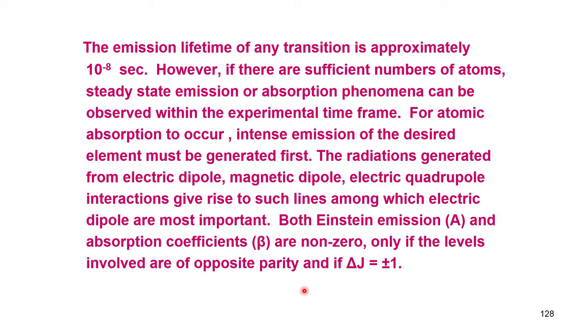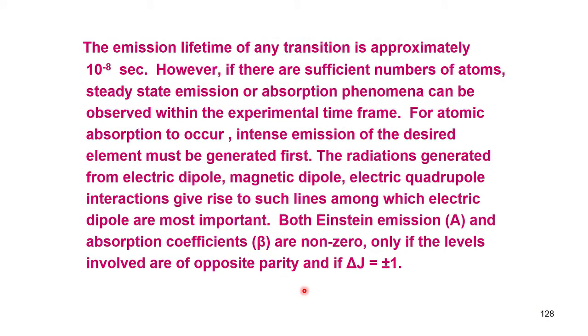What we mean is, how do I produce an intense radiation corresponding to one particular wavelength, for sodium that is 589? How am I going to produce it? There are three methods: electrical dipole, magnetic dipole and electrical quadrupole interactions. Using electrical dipole is the best way.